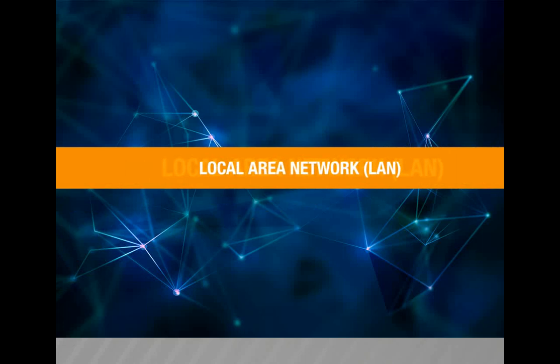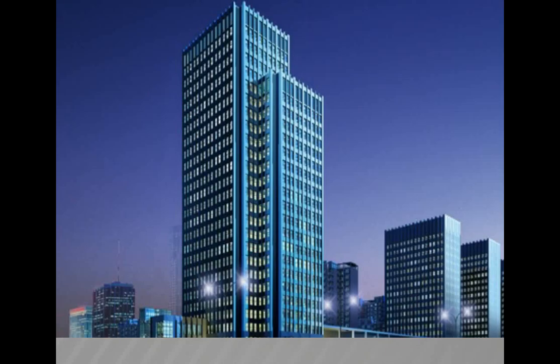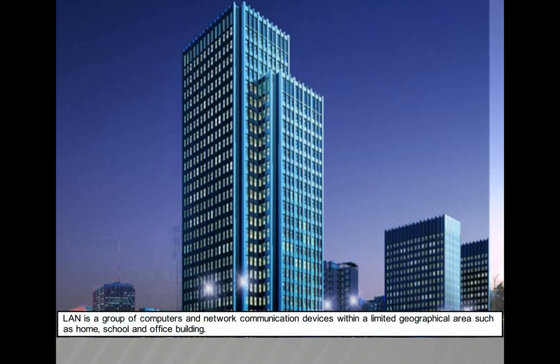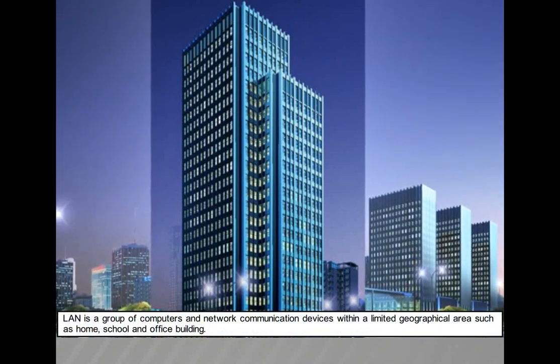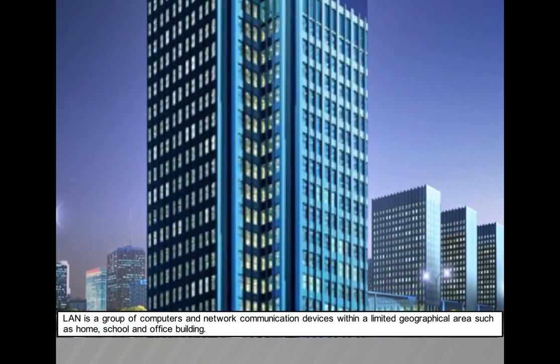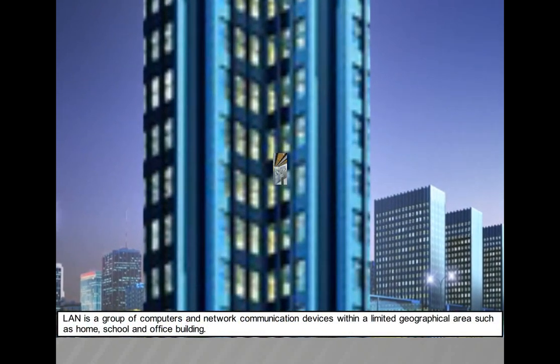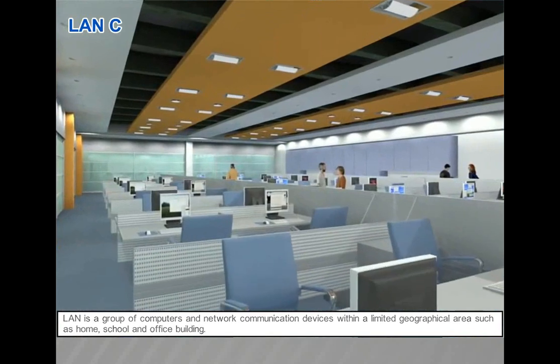Local Area Network, that is LAN. In this video, we are going to see about Local Area Network, that is LAN. LAN is a group of computers and network communication devices within a limited geographical area such as home, school, and office building.